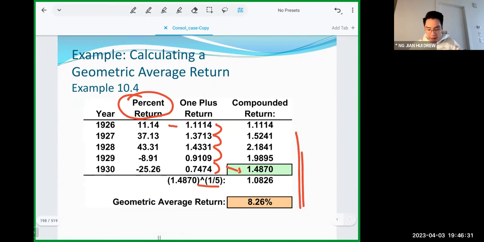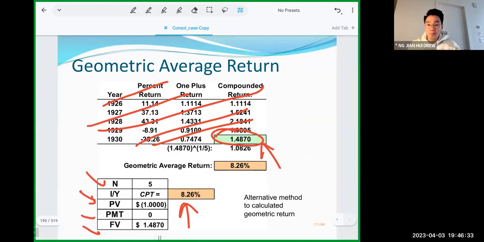So why is the second method important? There are questions that can be very tricky, in the sense that they just tell you something like, we have an investment that was invested for 5 years, and at the end of the 5 years, the compounded return is 1.4870.